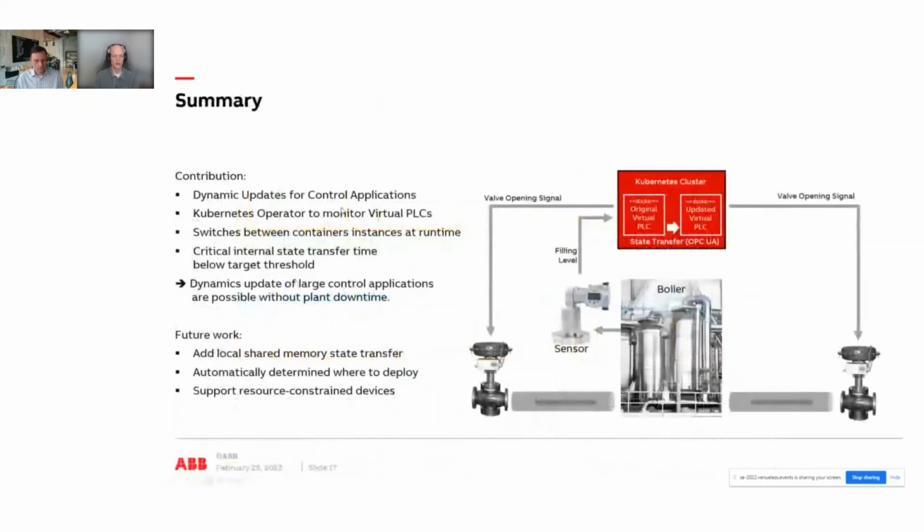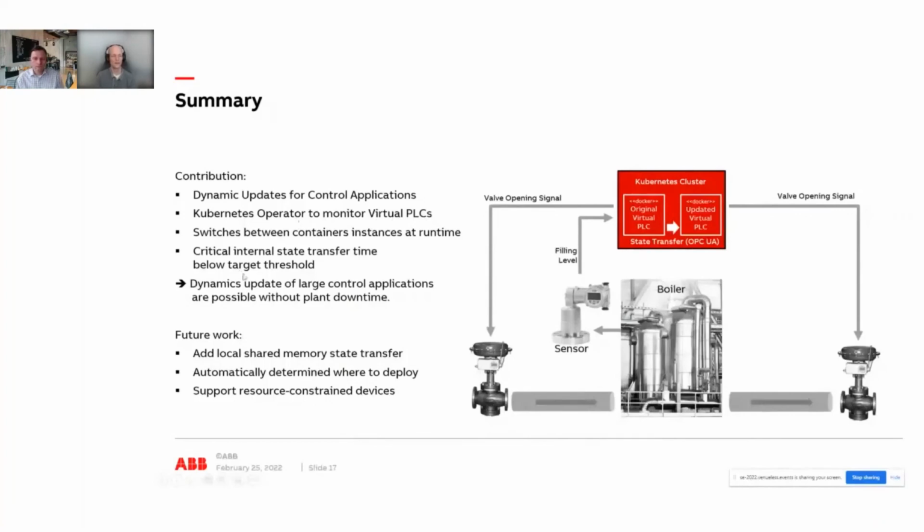To summarize, we did an approach to update control applications at runtime, and we utilized containers and a container orchestration system for that. So essentially a Kubernetes cluster. We proposed a Kubernetes operator to monitor these control algorithms at runtime, and then also allow to do a state transfer so that we can switch over between instances.